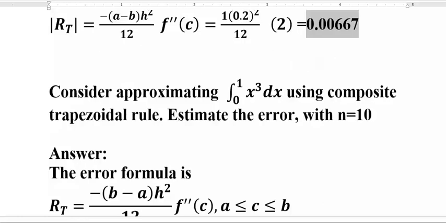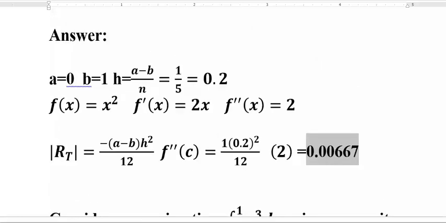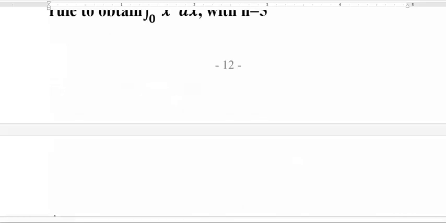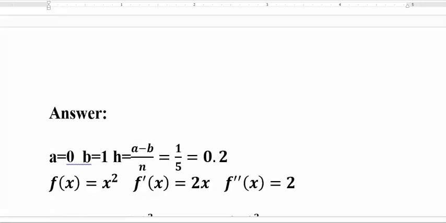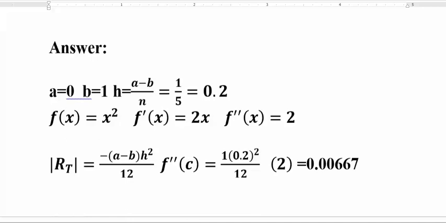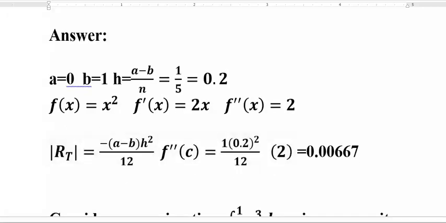Doctor, one question. Yes, you can. Where did we get the f of c? Here it is in the question: estimate the error for using the trapezoidal rule to obtain the integration from 0 to 1 of x squared dx. Here is f of x. And f double dash of c is 2, which doesn't depend on x or c.